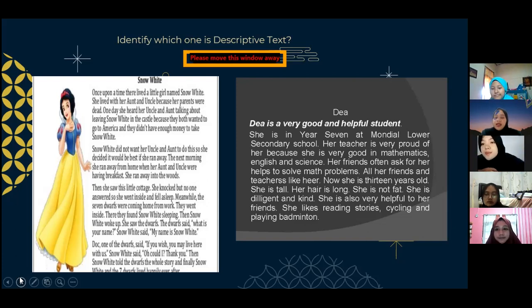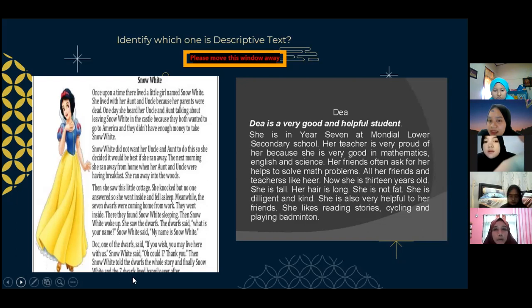She is tall. Her hair is long. She is not fat. What specific information does this give you? Physical appearance. Yes, it's about her looks. That's good. She is diligent and kind.